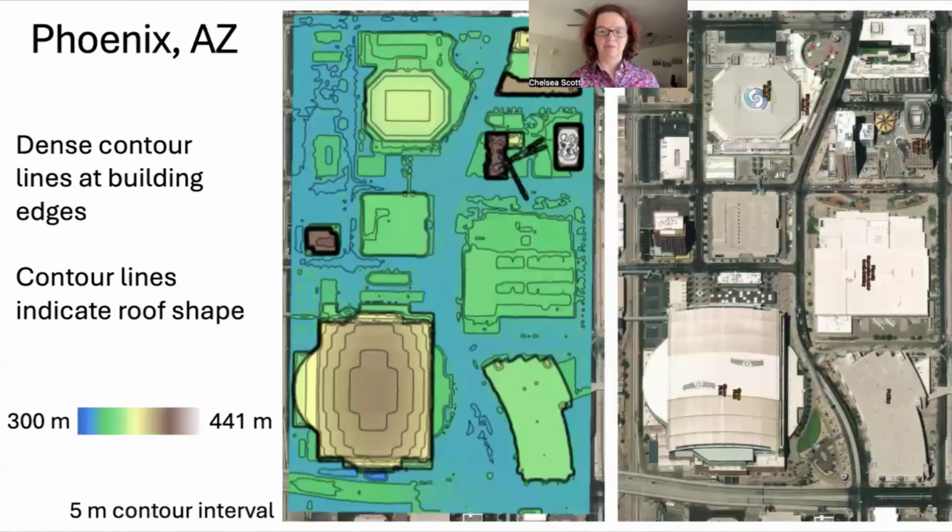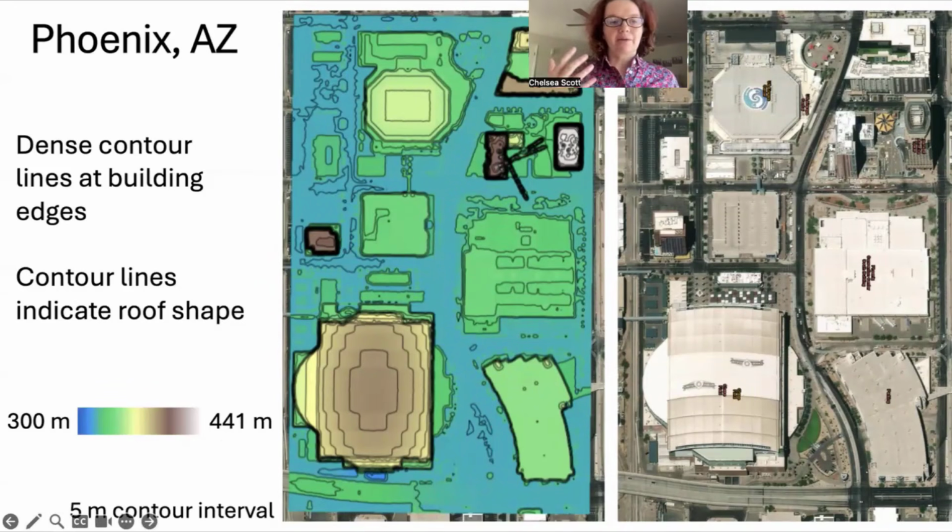And then the second example, we're going to look at an area in downtown Phoenix. Here we have the baseball stadium and the basketball stadium. And here the contour lines are still plotted at a 5-meter contour interval. And we have the same color scale with blue indicating low elevation and brown to white indicating high elevation.